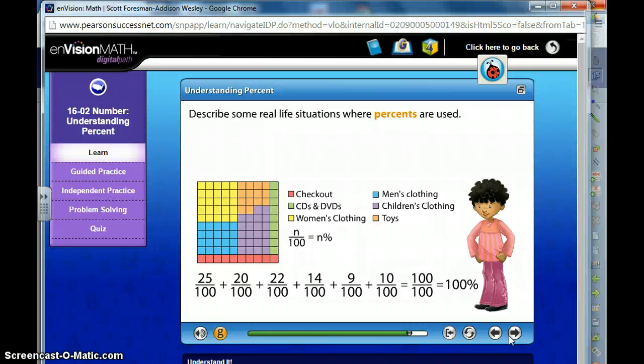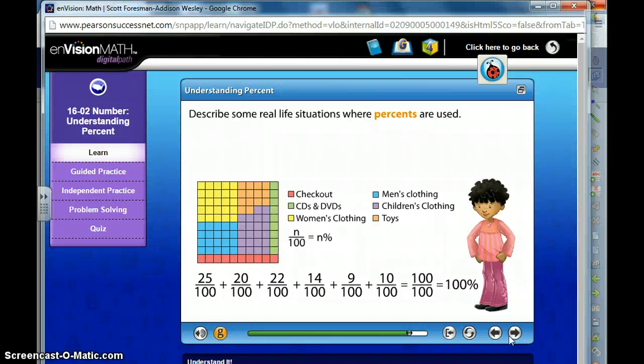Okay, sometimes. Yes. Like some different percentages in stores. Oh yeah, discount. Very good. When they're building something, they're like 55% complete. Okay. How many kids are at school?